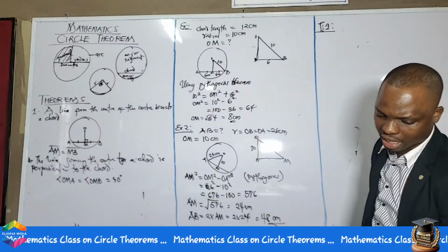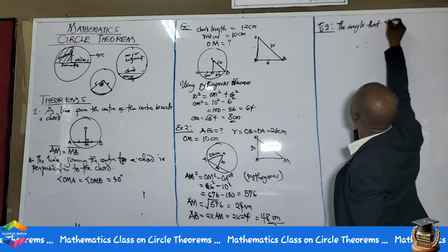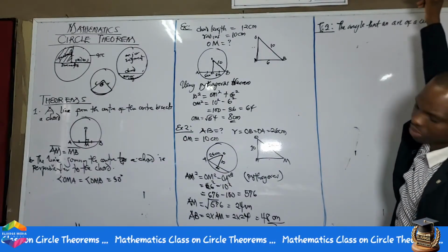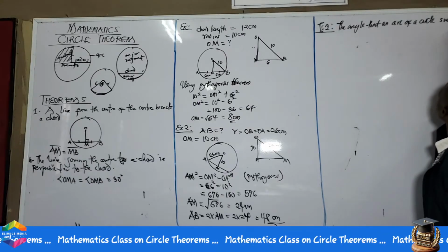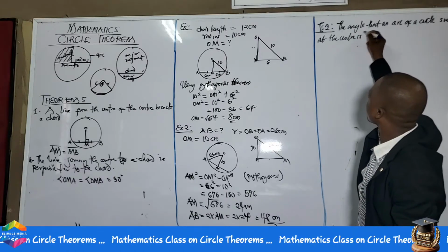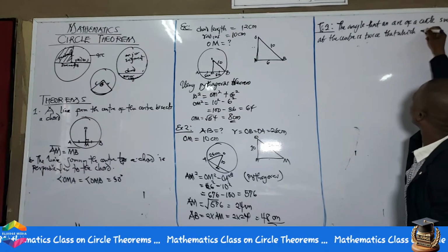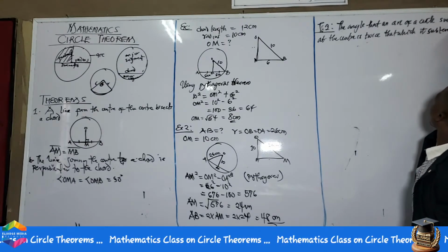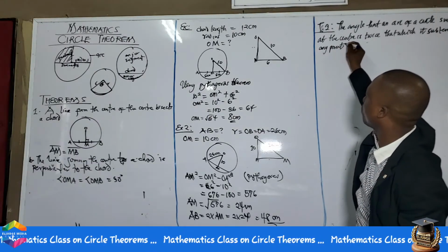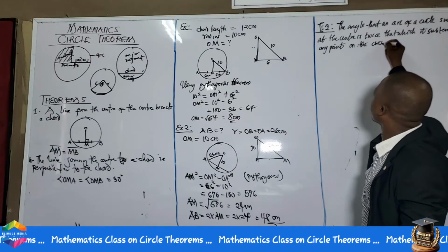The angle that an arc of a circle subtends at the center is twice that which it subtends at the circumference, at any point on the circumference.